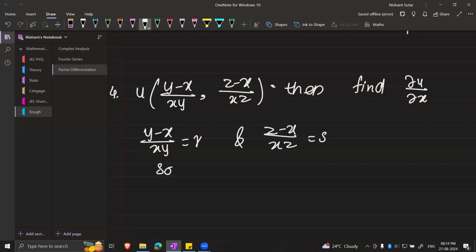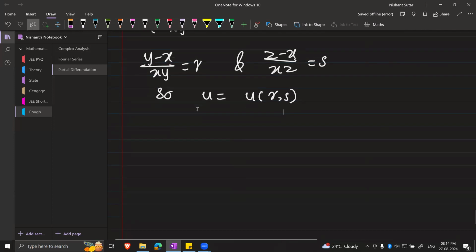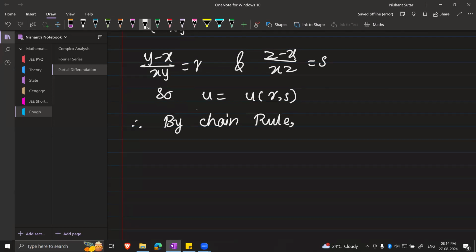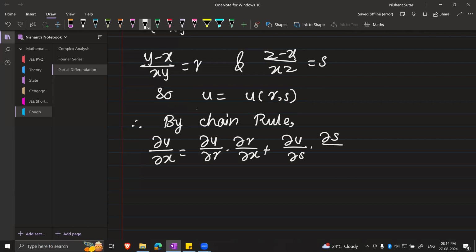So u is a function of r and s. Therefore, by chain rule, del u by del x is del u by del r into del r by del x plus del u by del s into del s by del x. So del u by del r we don't know, so we will keep this as it is, into del r by del x.